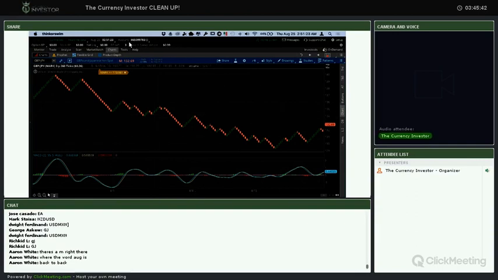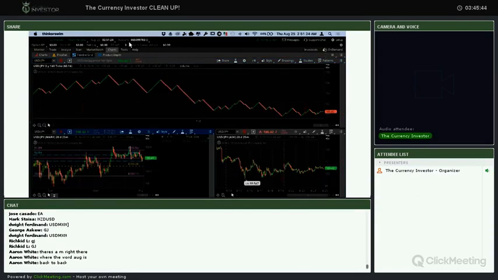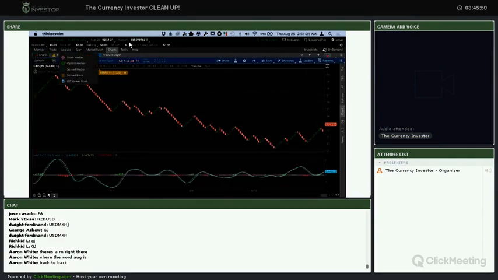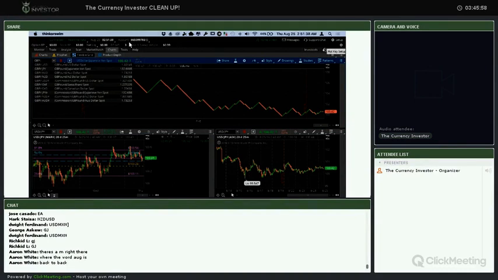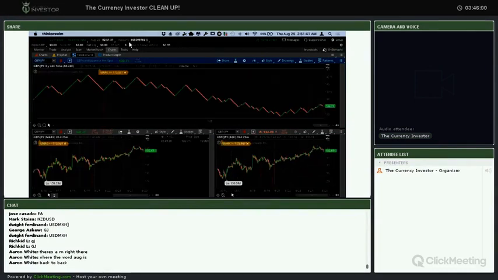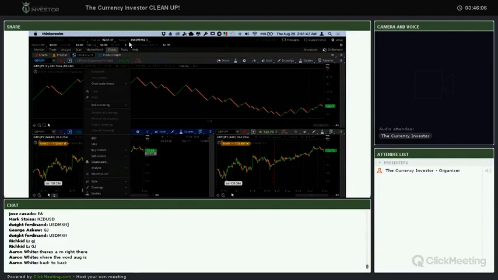So let's go to like spread GBP JPY. What we got going on?